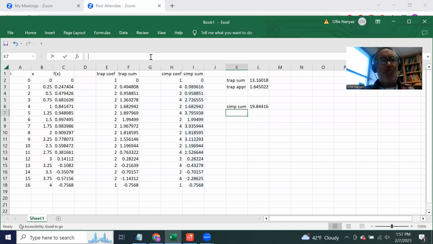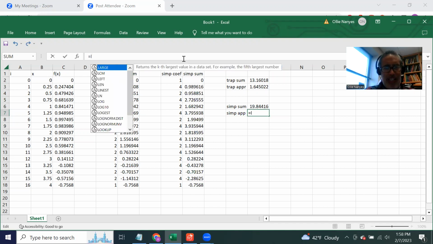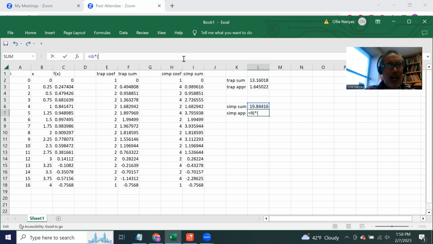And then to get the Simpson's approximation, you take what you have there, your L6, and multiply that by B minus A, which in this case would be B18 minus B2, start and finish, divided by 3 times the number of subintervals, which we see right here to be 16.